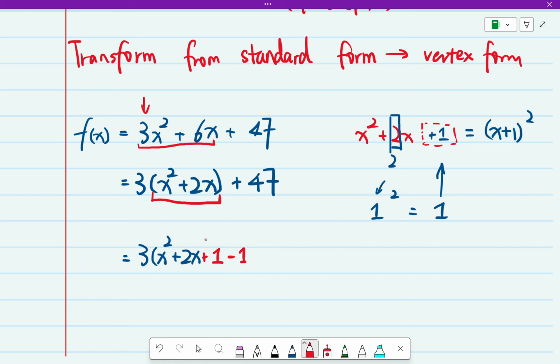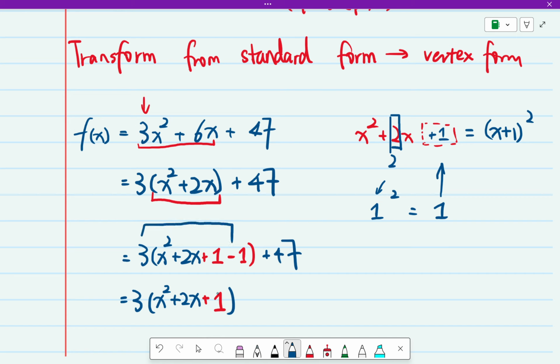And this plus 47, we still leave there. Now we leave everything inside for the perfect square trinomial, and we multiply this 3 by the negative 1 to make it negative 3 and put it outside of the bracket. And this plus 47 is still plus 47.